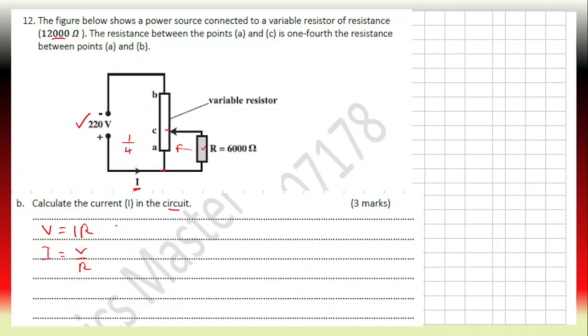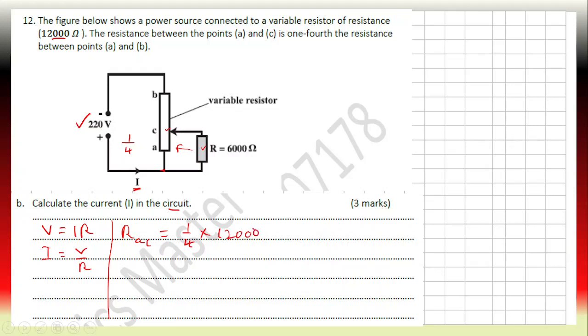So let's get the resistance R from A to C. Resistance from A to C is given by 1/4 times 12,000.